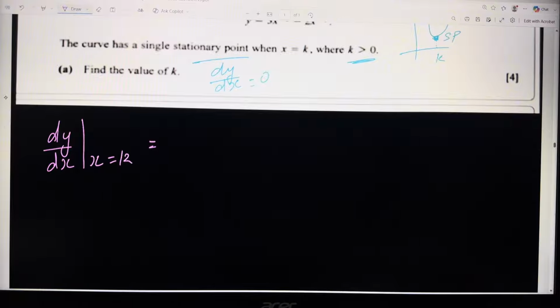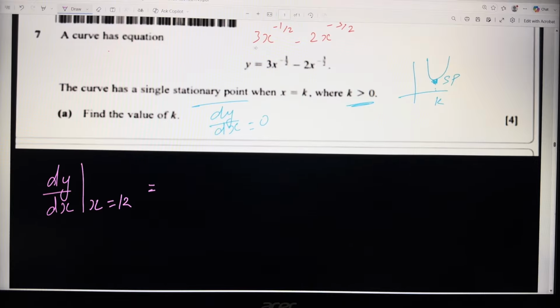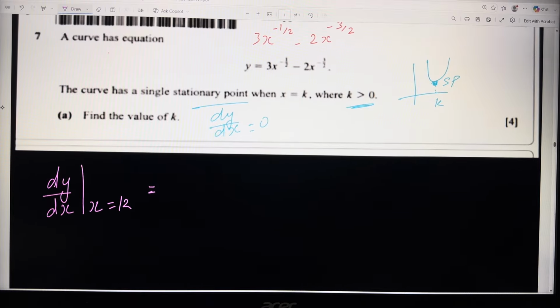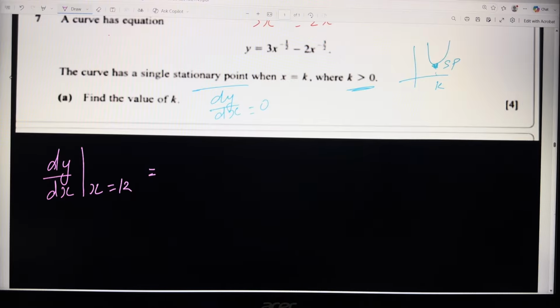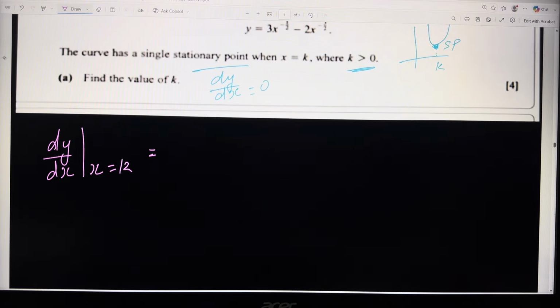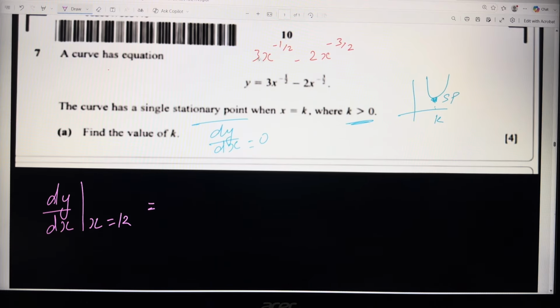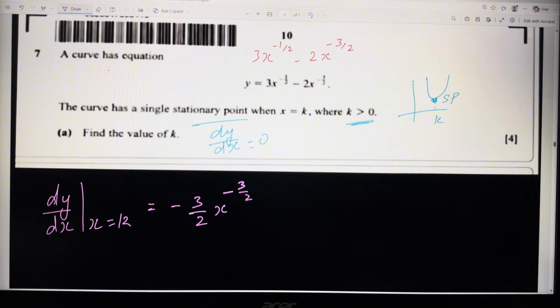For this differentiation, when you differentiate something, you bring the power down. So bring the power down, multiply by this, so this becomes minus 3 upon 2 x, and decrease the power by 1. So minus half minus 1 is minus 3 upon 2.